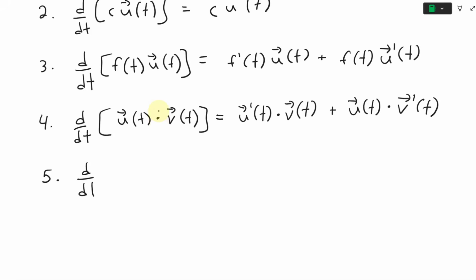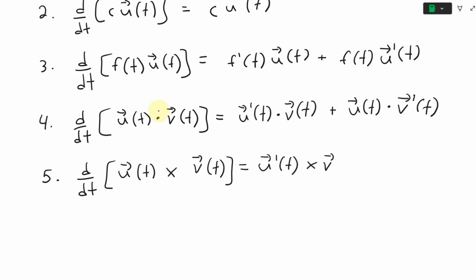So d over dt of u vector of t cross v vector of t equals u prime of t cross v of t, and then plus, we do the other side, u of t cross v prime of t, like that.